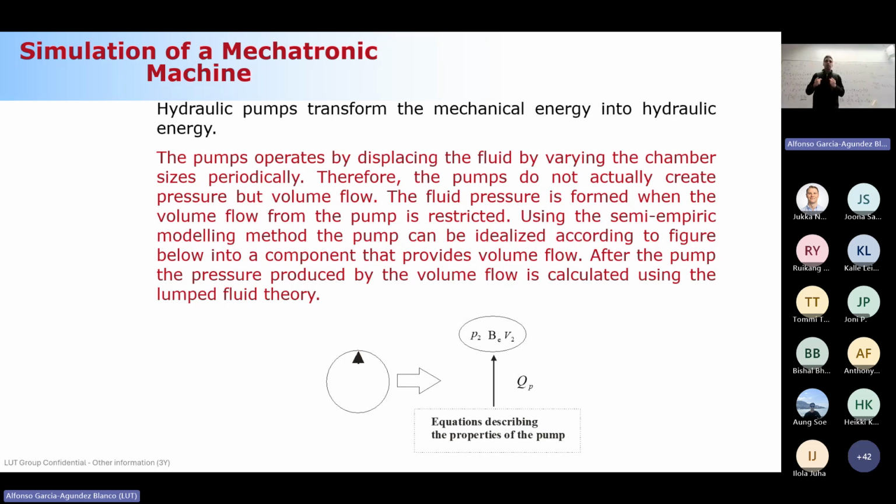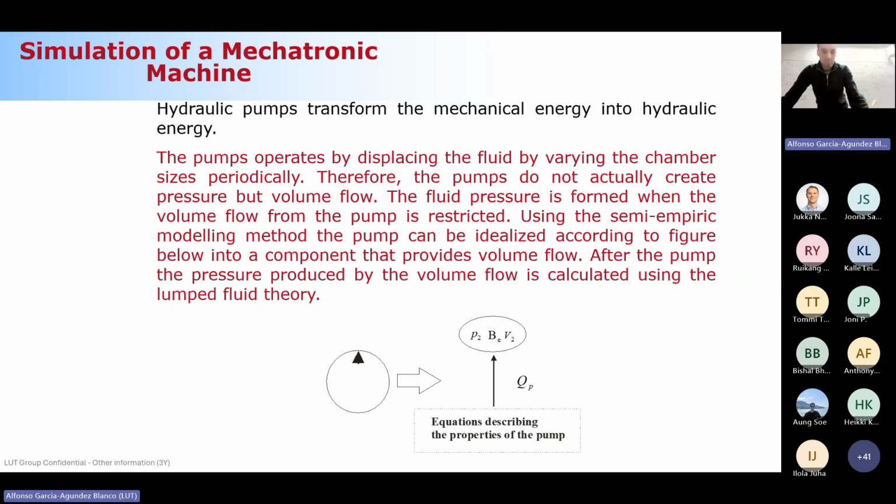That is the mechanism that the pump employs to pressurize the fluid, constraining the fluid that is displacing inside. You can read it here in more detail. The content that I'm providing is basically the one that you will study in the slides, with more detail. So here, the pump is not actually creating pressure, but volume flow, and this fluid pressure is formed when the volume flow is restricted, okay?